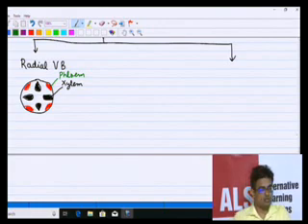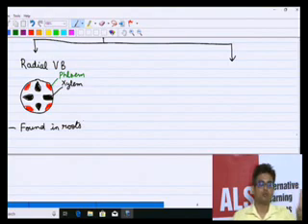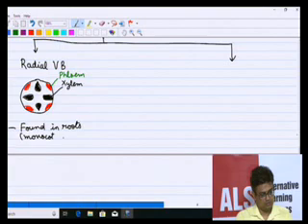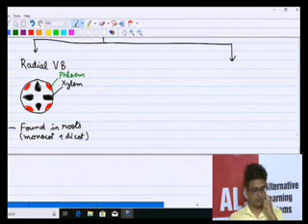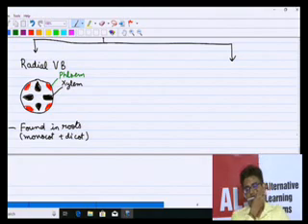Now this radial vascular bundle is found in roots, whether it is monocot root or dicot root. It is found in both kinds of roots, monocot plus dicot. And I have already told you that in this kind of vascular bundle, phloem is present on a different radius and xylem is present on a different radius.